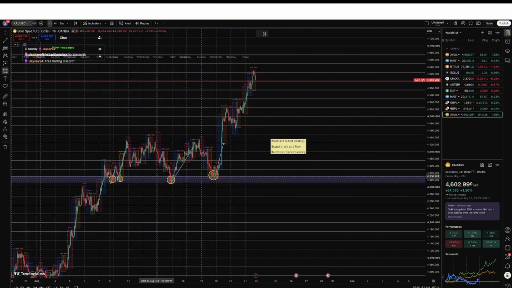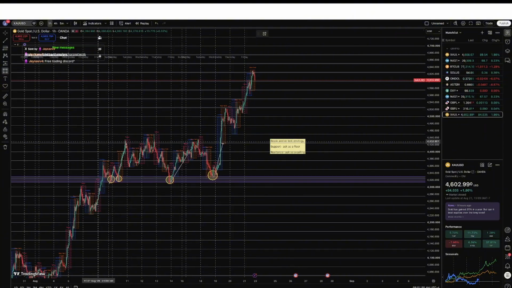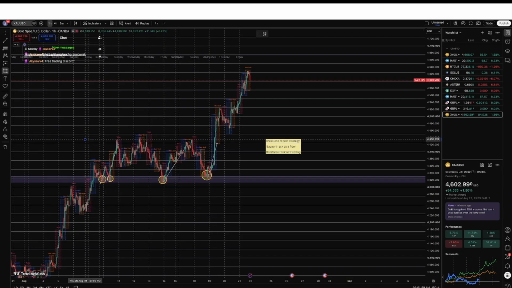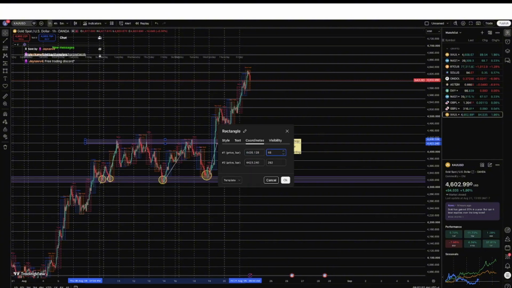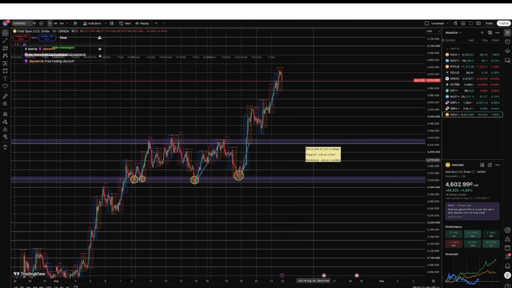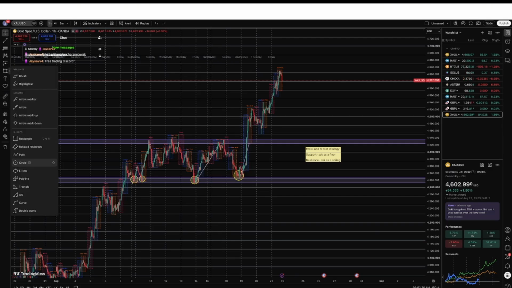And as you keep going along, you're going to be able to see these easily. So this right here, I see this as a resistance area. So let's go ahead and do the same thing. All right, so now we have that as a resistance area. So now how do I know that this is a resistance area? As you can see within the market, a resistance acts as a ceiling.